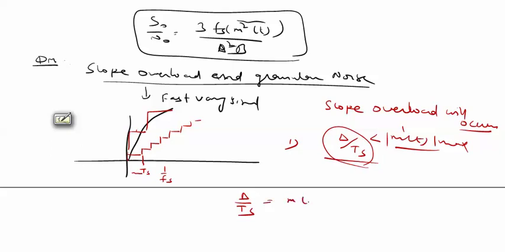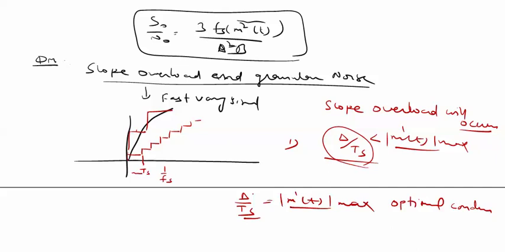If it is equal, it is the optimum condition and no problem occurs. In the optimum condition, the slope of the message and the slope of the modulator are equal. The solution to slope overload error is to increase the step size. By increasing the step size, our problem is solved.